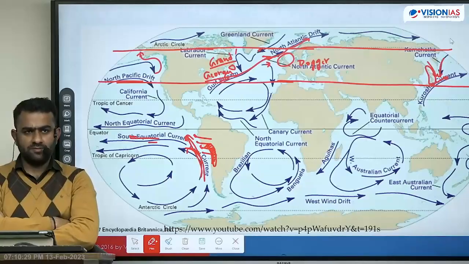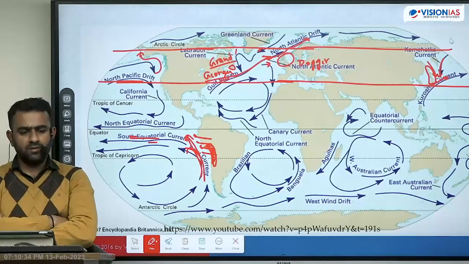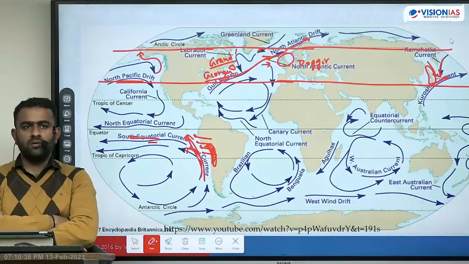Example, North Atlantic drift along Britain.